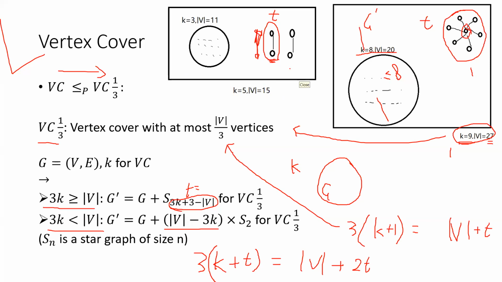I'm talking about the other direction. And this is how you compute the number of such graphs added to this G prime. Okay, do you have any questions about this?